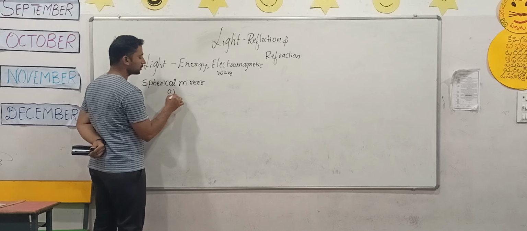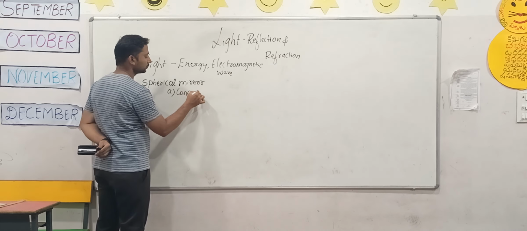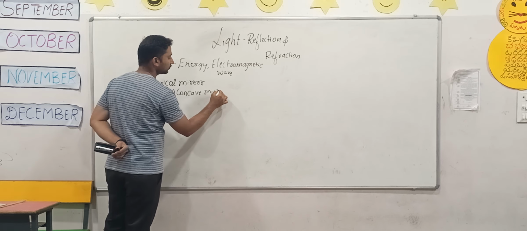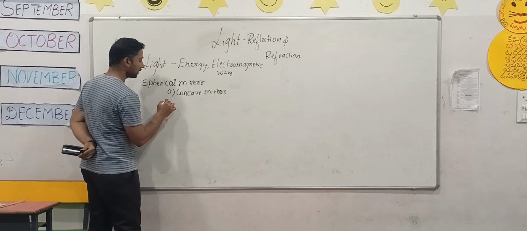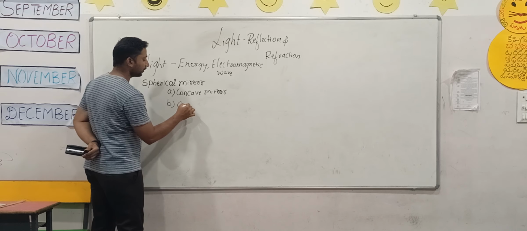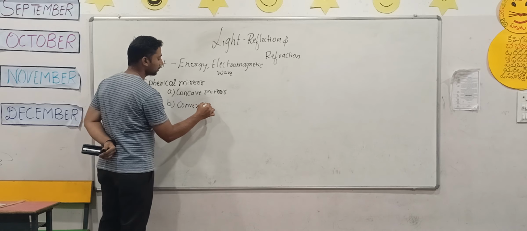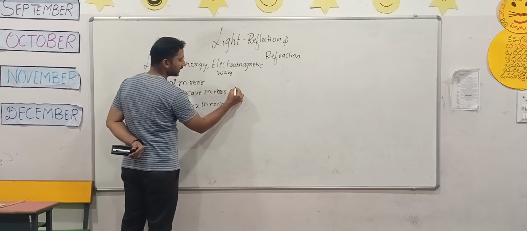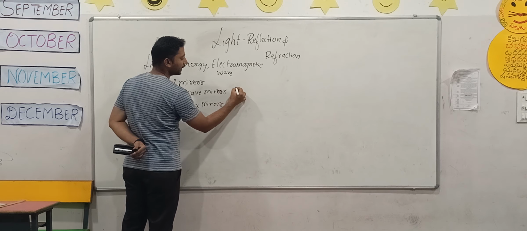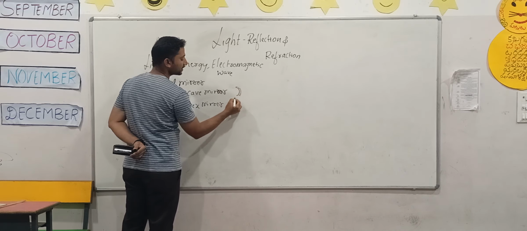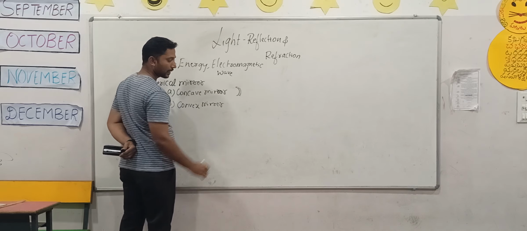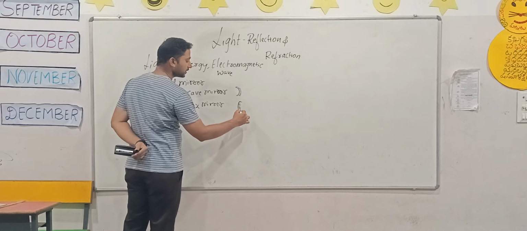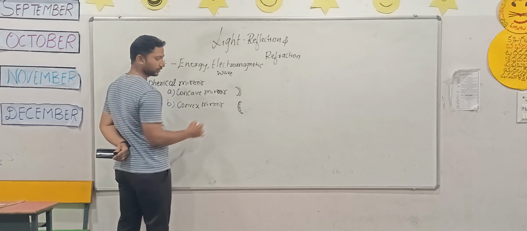The first one is a concave mirror, and another is a convex mirror. The concave mirror's shape is curved inward, with a reflecting surface curved inward, and the convex mirror is bulged out, with a reflecting surface bulged out.